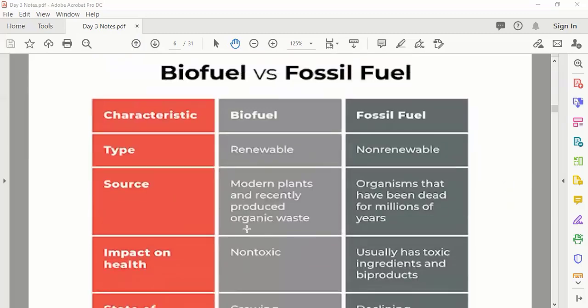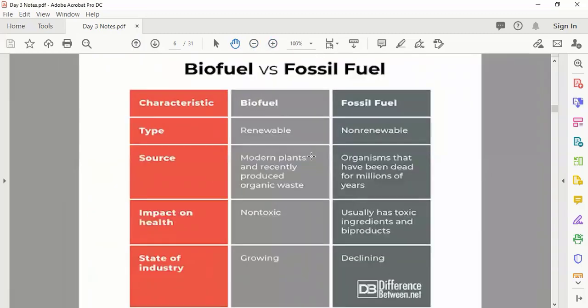Now see here. There is one more comparison we can do between them. Number one, biofuels are renewable, fossil fuels are non-renewable. Source: biofuels are coming from plants and recently produced organic waste from animals.